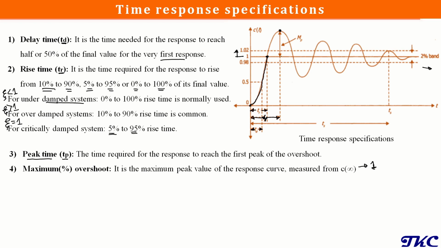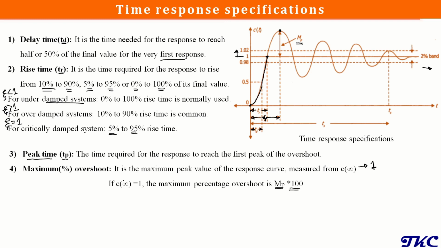Beyond 1, how much the response has gone up is called the maximum overshoot, and that generally occurs with the first response of the output. If C infinity is equal to 1, that is the output is equal to the desired output, then we can directly say that maximum percentage overshoot is this MP value, that is how much the output goes beyond the desired output.